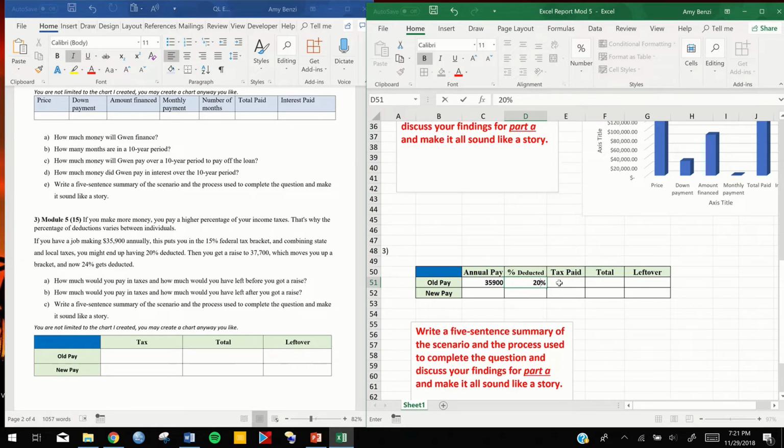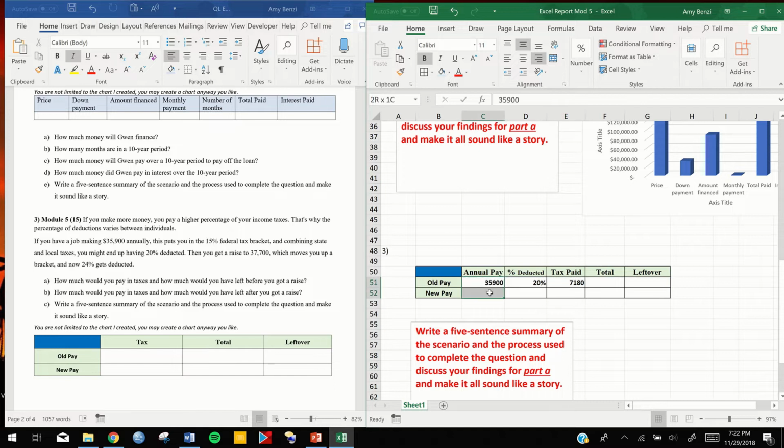And the amount of taxes that I paid is going to be my annual pay. Let me select the cells the way I'm going to say that. 20% of, remember when I say of like that, it means multiplication. 20% of the annual pay, and that's how much taxes I paid.